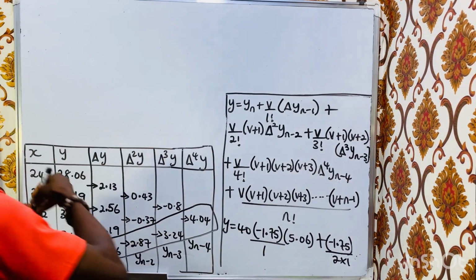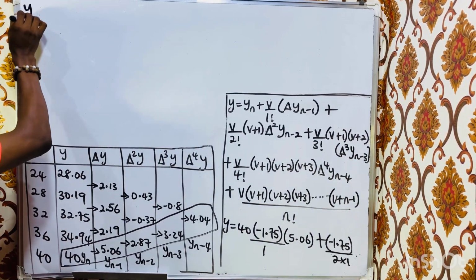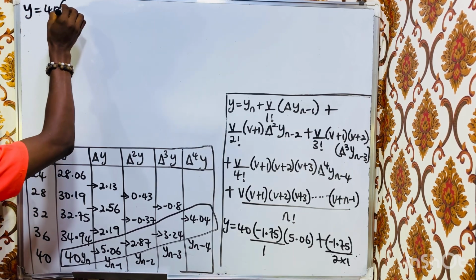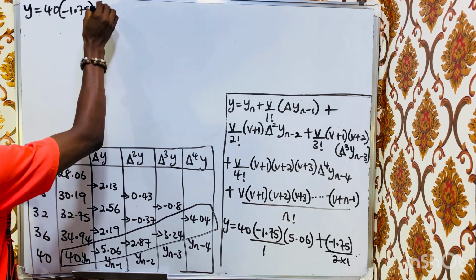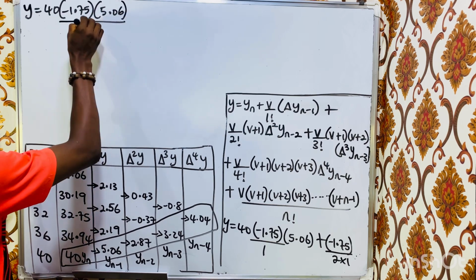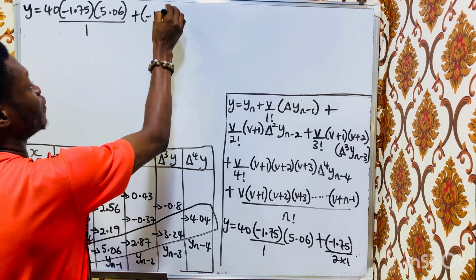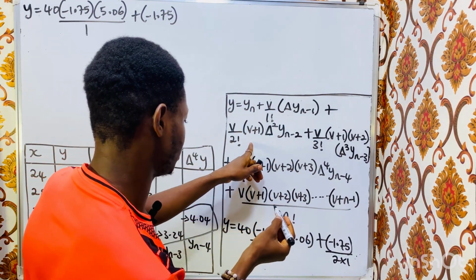So let's bring all these things up. We are going to have y equal to 40 times negative 1.75, then times 5.06 all over 1, then plus negative 1.75. We are taking reference from this formula, so we are here now.